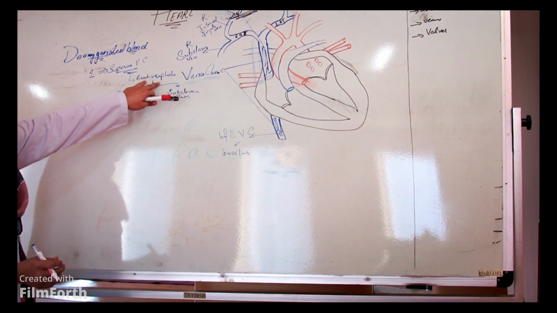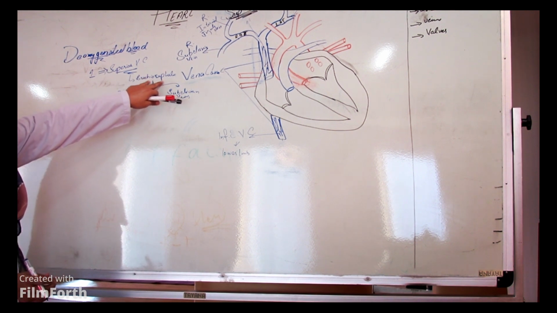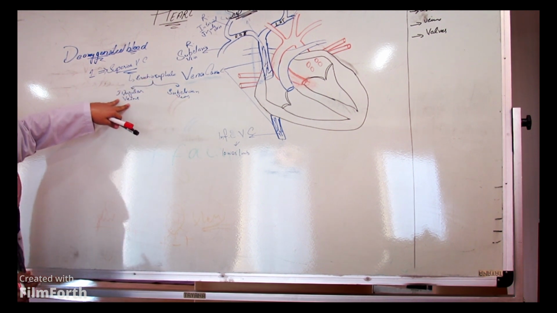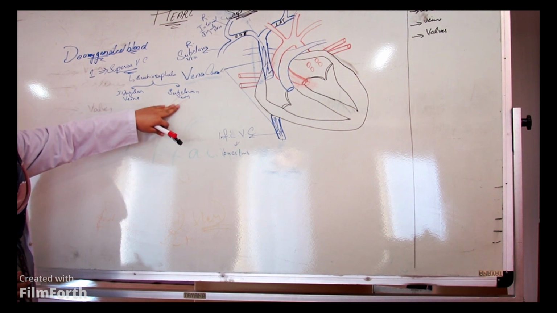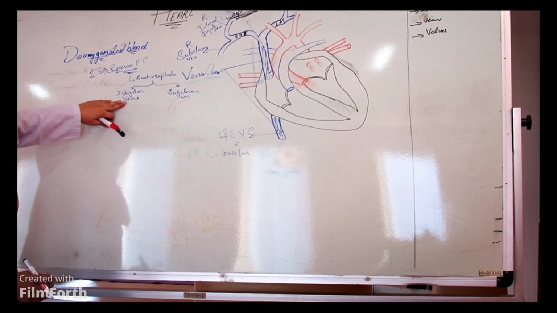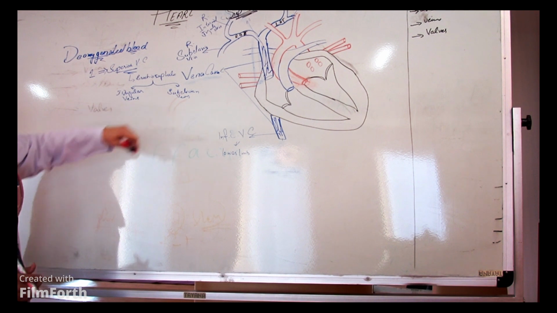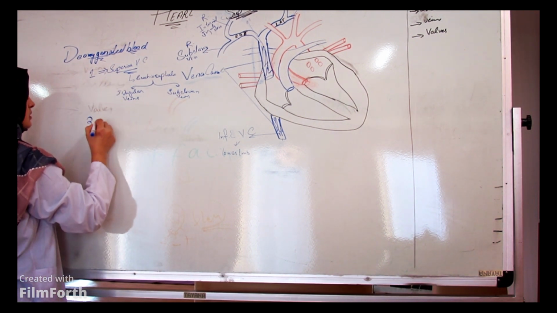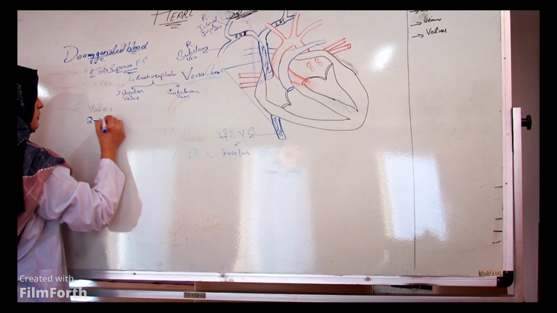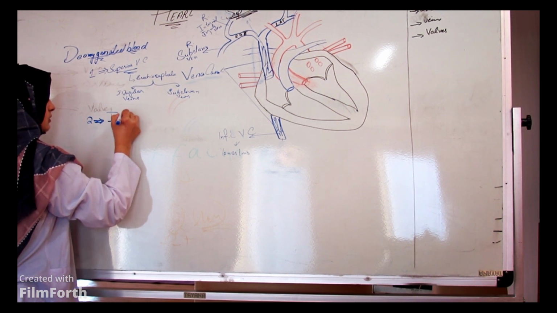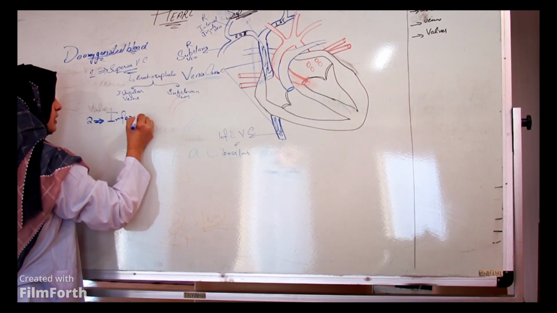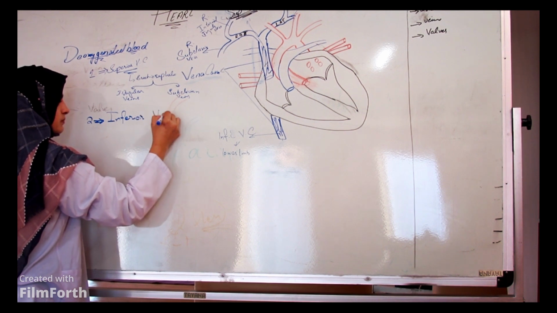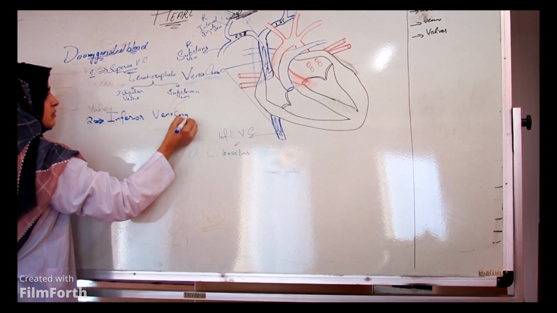Right brachiocephalic gives the right internal jugular and right subclavian vein, and left brachiocephalic gives the left internal jugular vein and the left subclavian vein. The second vein we have discussed, along with the superior vena cava, is the inferior vena cava, that carries blood from the lower limbs.